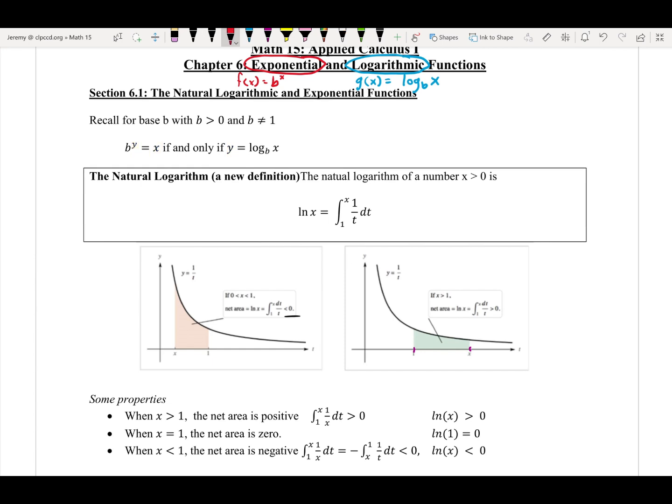One of the most important, probably the most important of all the bases of all the exponential functions is the exponential and logarithmic functions base e. So for base e, this is a very important irrational number, which is approximately 2.72 something.